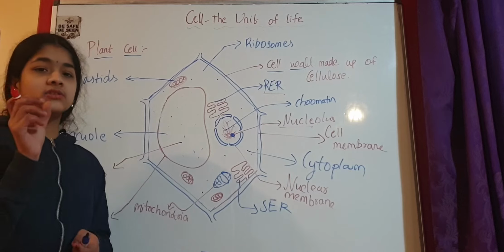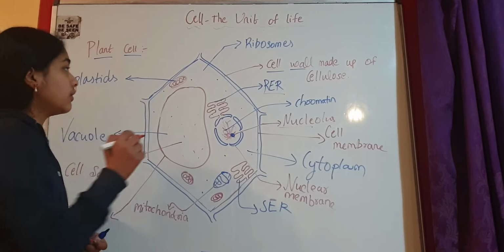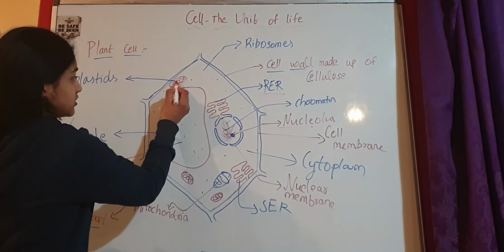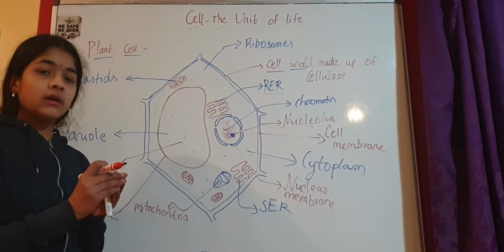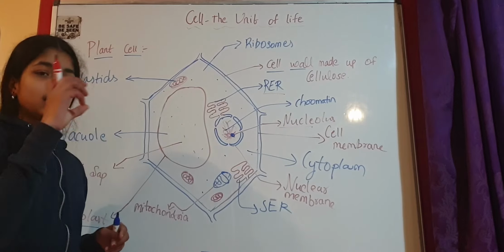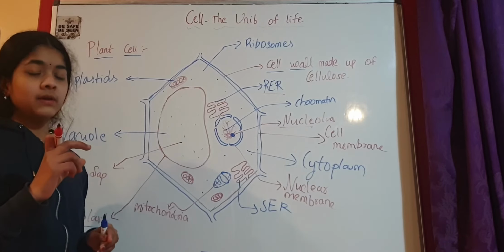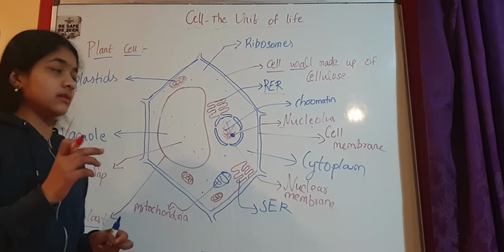The little coin-like structures in the chloroplast are called thylakoids. Each one is called a thylakoid, and the stack of thylakoids is called grana. Grana is plural, granum is singular.